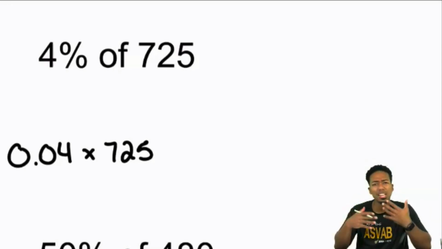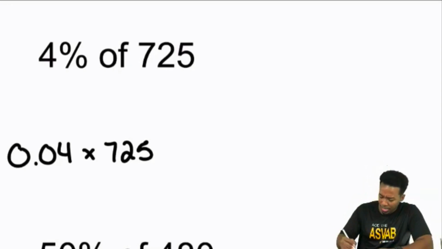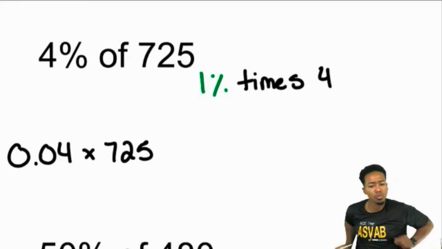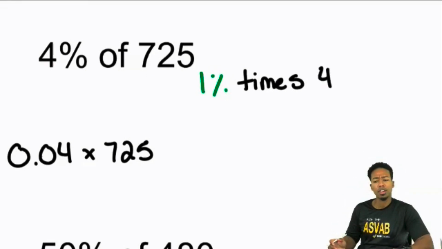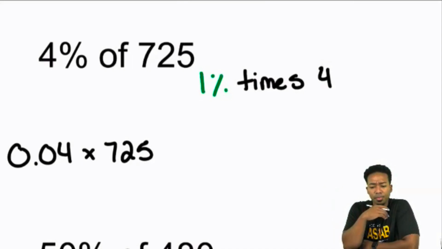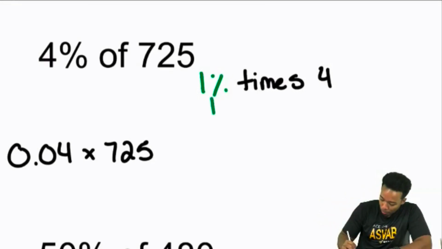And so just think about it that way because everybody, is it easier to take 1%? Yeah, what's 1% going to be of 725, everybody? Again, move that decimal place over 2, 7.25. So 1% is the same as 7.25.